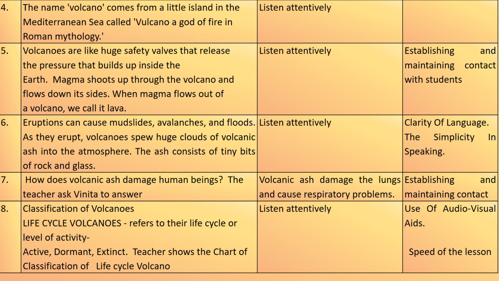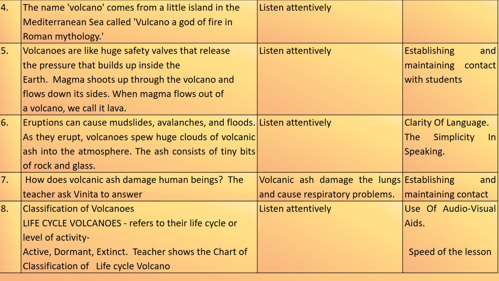The teacher will then tell the students that eruptions can cause mudslides, avalanches, and floods. As they erupt, volcanoes spew huge clouds of volcanic ash into the atmosphere. The ash consists of tiny bits of rocks and glass. The students will listen attentively.